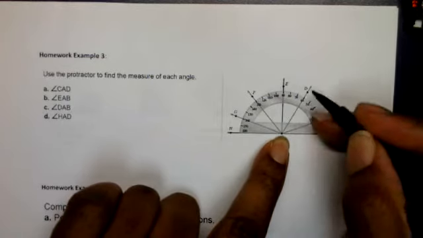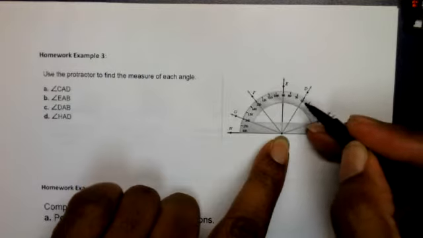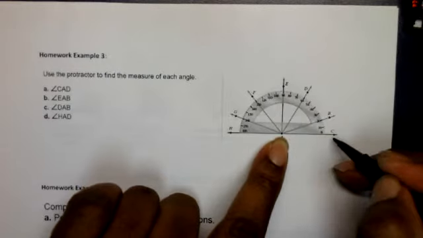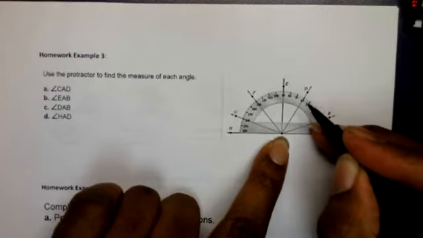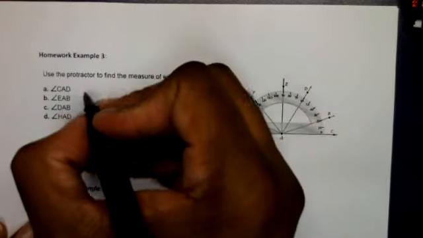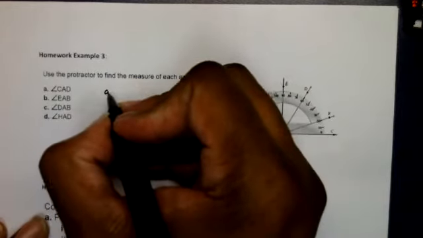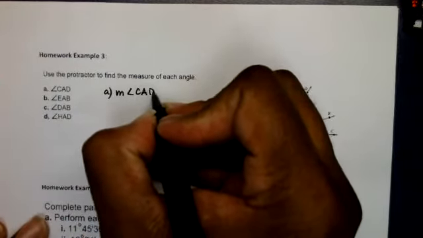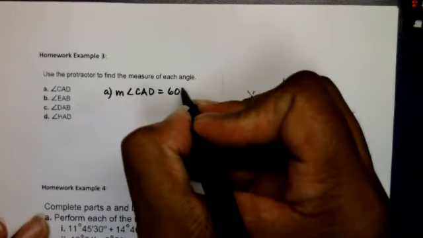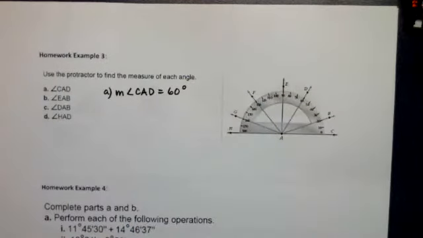And in this case, it's crossing the protractor right there at 60 degrees. At C is 0. From 0 to here, that's 60 degrees. So the measure of angle CAD, sometimes we like to write like this, the measure of angle CAD is 60 degrees.